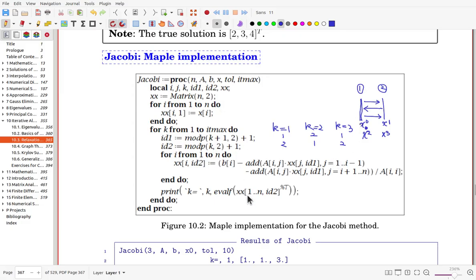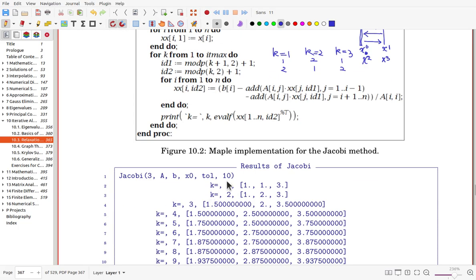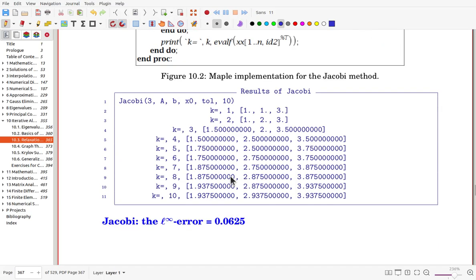Now, along with this implementation, let's see the result after 10 iterations. We have the 3-dimensional matrix and right side, the initialization, and 10 iterations. So after 10 iterations, we reach 1.9375, and the components happen to be the same anyway.